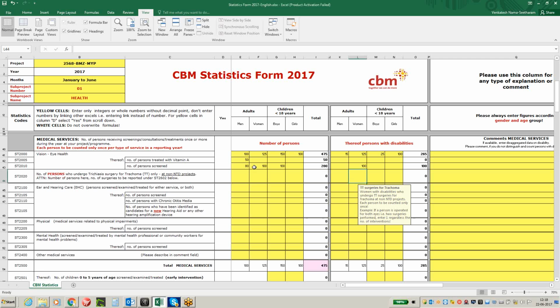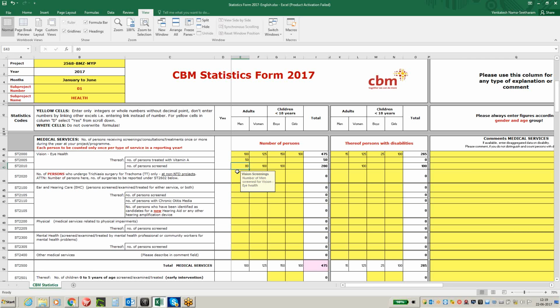This one is the number of persons in general. Okay. The one downward is the number of persons treated with vitamin A. That is 50, am I right? And the last one is the number of persons screened, which is 80.